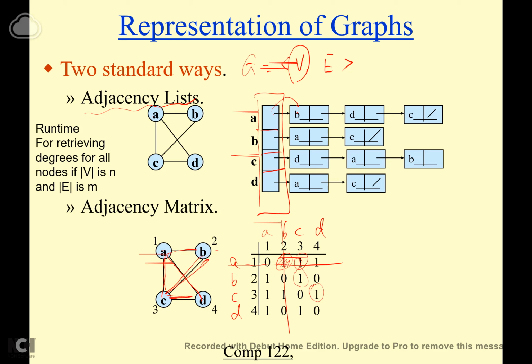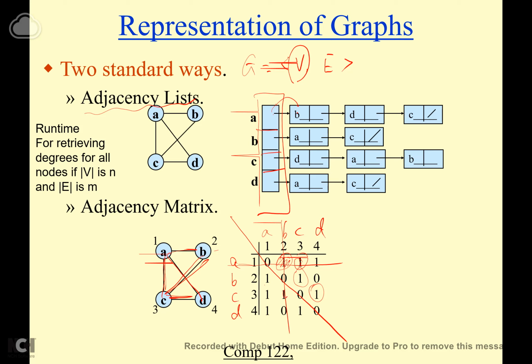And since this is an undirected graph, once you have A connected with B, you also have B connected with A, right? Just like a friendship, they are symmetric. If you draw a line here, you see this is symmetric. A to B, B to A is the same number.